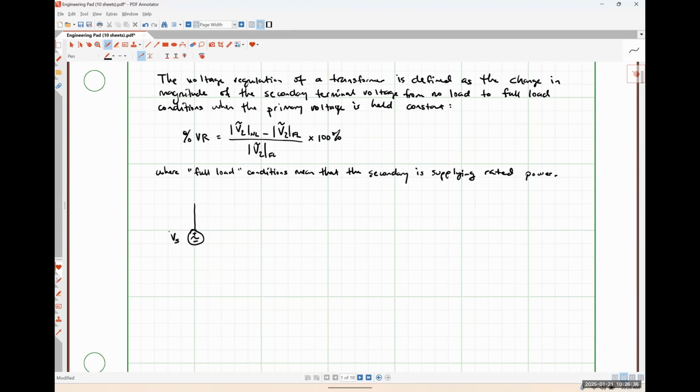I'm just going to call this VS for what it's worth. And then I'm going to have everything referred to the secondary side of the transformer. So that means that I would have a voltage of A V1 here.